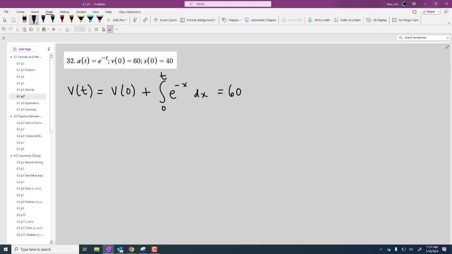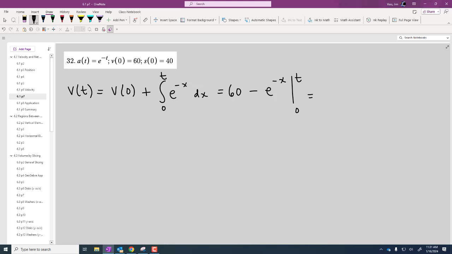And here's our reverse chain rule. So that exponent is linear. It's a linear function of x. Its derivative is negative 1. So the integral of an exponential is itself divided by the derivative of the exponent, divided by negative 1. That just changes the sign out in front. And that will go 0 to t.